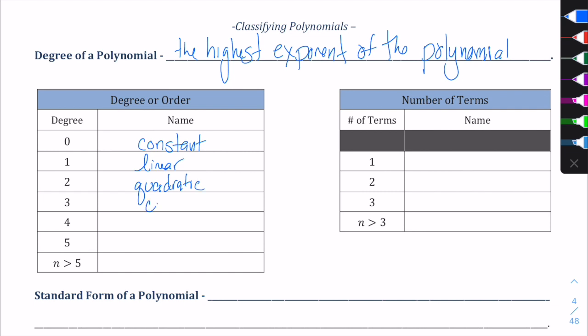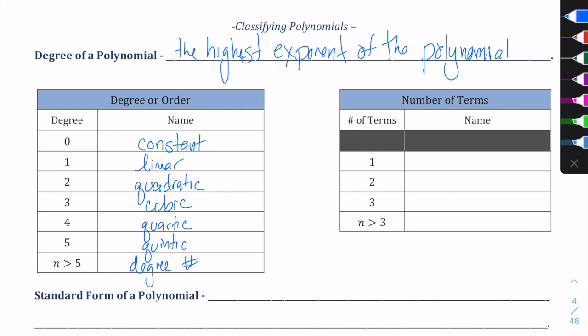Degree 3 is cubic. Degree 4 is quartic. Degree 5 is quintic. And we probably could find some other names for some bigger ones, but if it's anything bigger than 5, we're just going to say degree and that number. So degree 6, degree 7, anything like that.